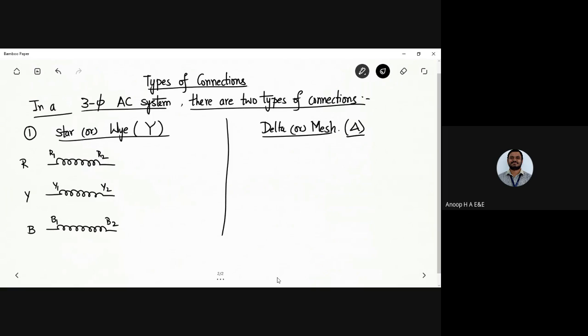Okay, now in a star connected network, in a three-phase star connected balanced network, either the starting ends or the finishing ends are joined together to form a common point, which is called the neutral connection. So either the starting or finishing ends are connected to a common single point.